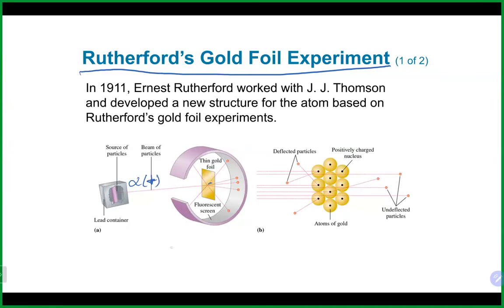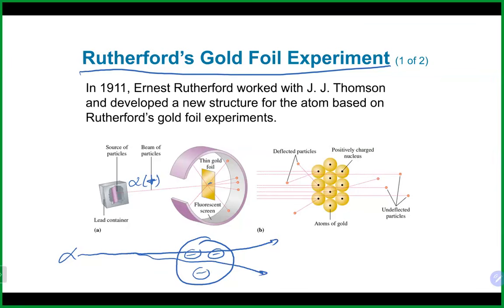Those alpha particles are positively charged. What he expected to happen, based on Thomson's model with the positive charge spread out and these electrons, was that the alpha particles should go through, with some deflection, because that is positive versus positive, and they don't want to be near each other. But the alpha particles are moving really fast, so they should be able to bounce through.